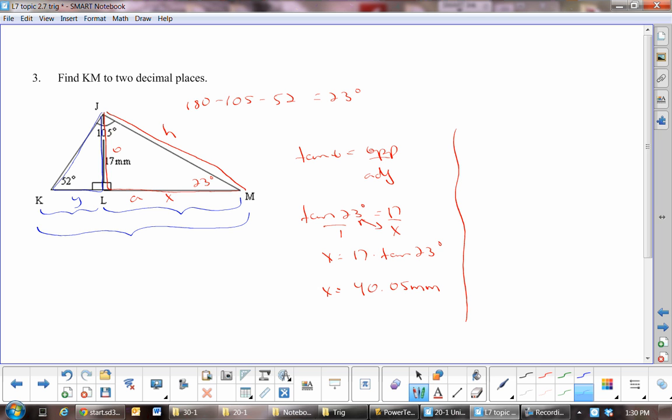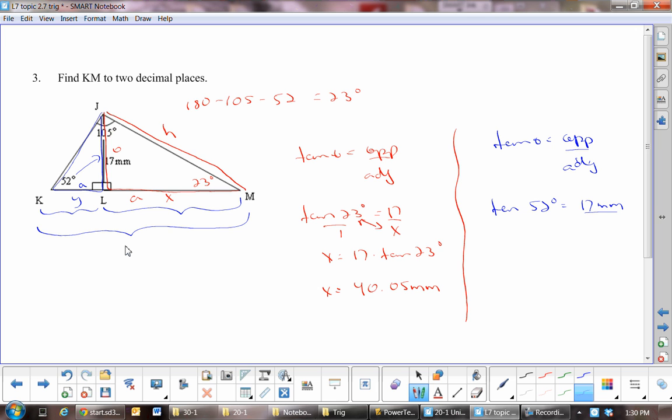So now, that's opposite, that's adjacent, so I would use tan again. Okay, tan theta equals opposite over adjacent. Tan 52 degrees equals, the opposite is 17 millimeters.